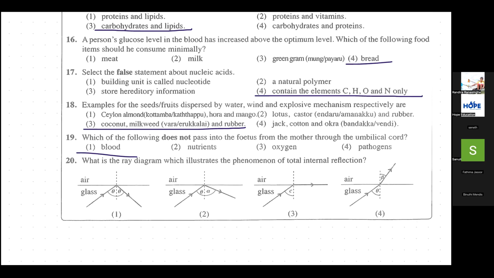What does the third one show? Critical angle. For total internal reflection, two conditions must be satisfied. Do you all remember those two conditions? What are they?